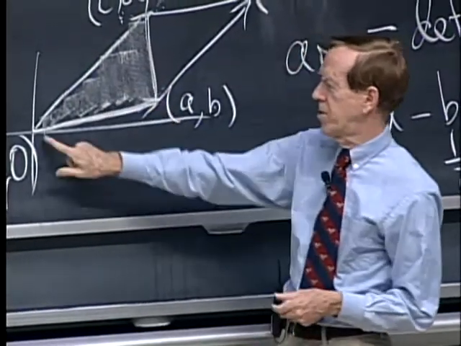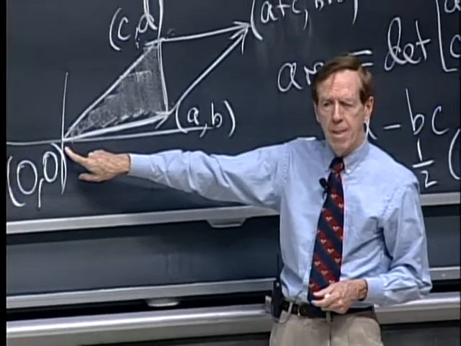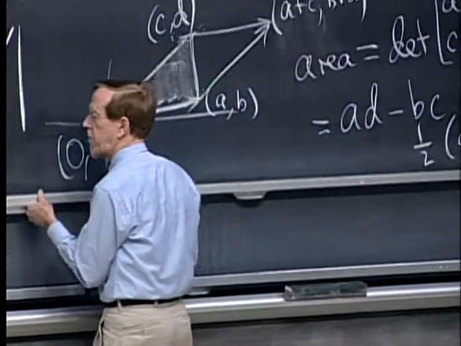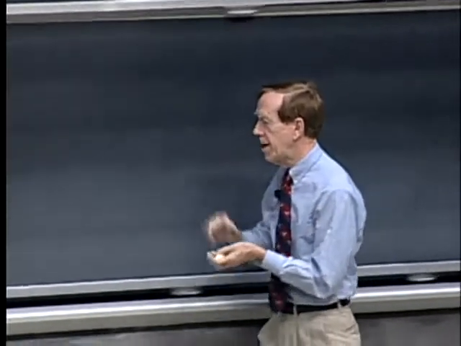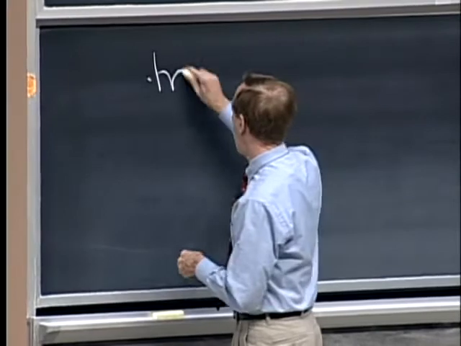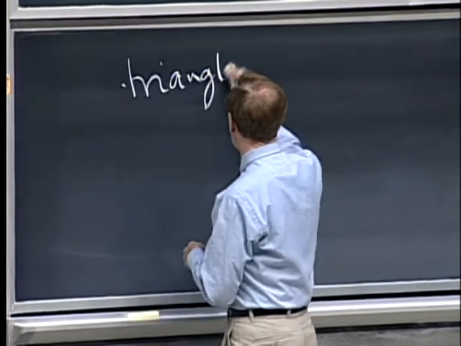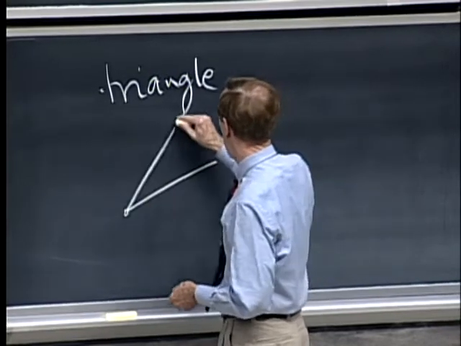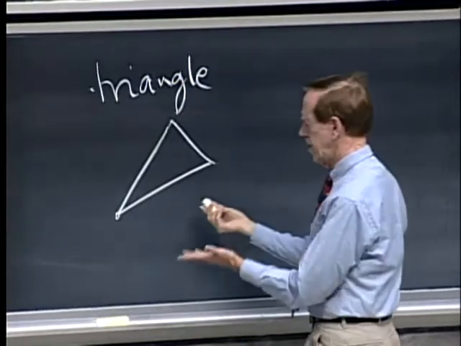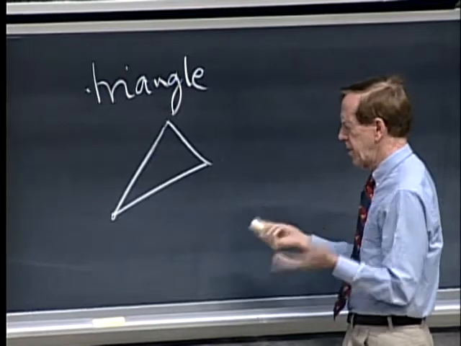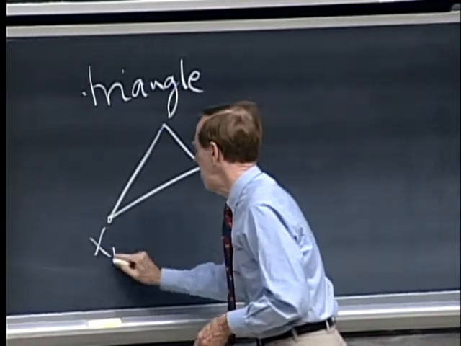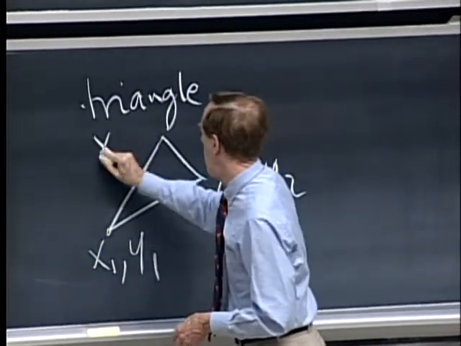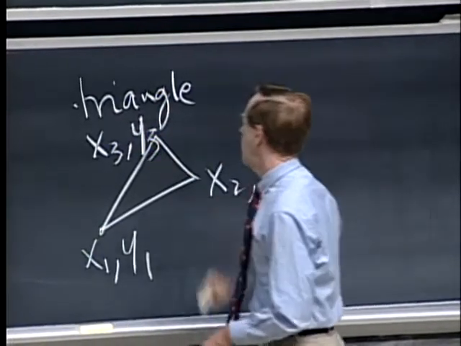What if our triangle did not start at 0, 0? So I'm coming back to triangles again. Let me put this triangle somewhere. I'm just in 2 dimensions, but I'm going to allow you to give me any 3 corners.